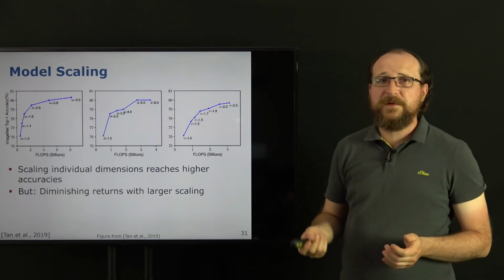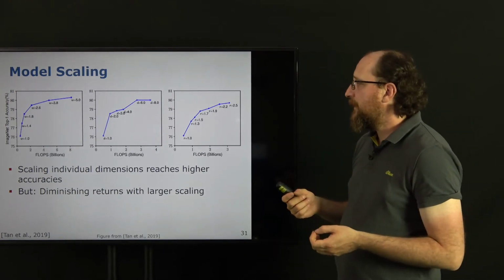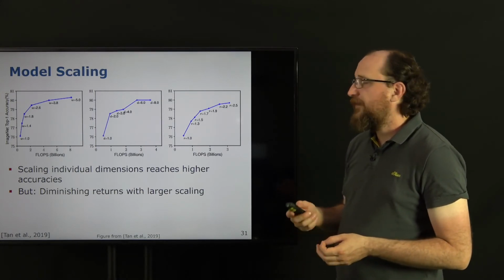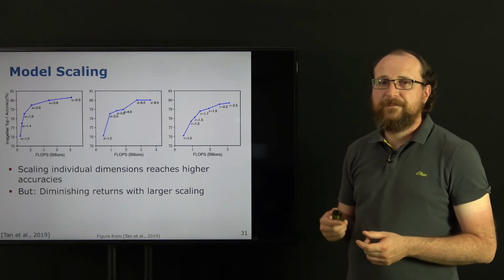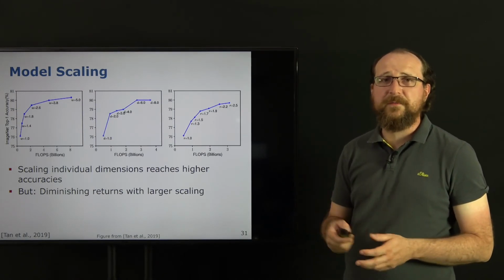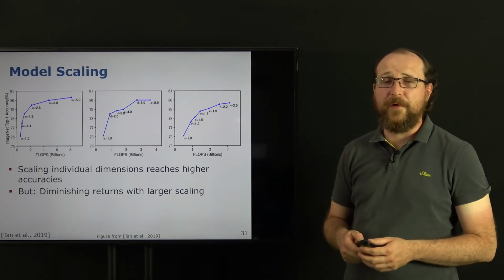So individually scaling the depth and the width of the network, but also the resolution, gives us diminishing scaling properties in the end. So there's some limit where we do not reach much better performance by scaling it even further.